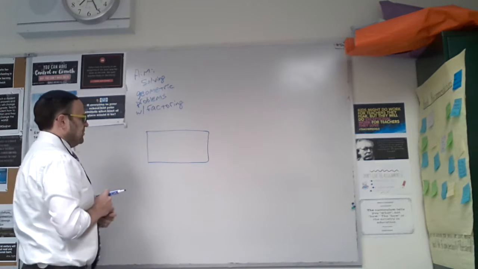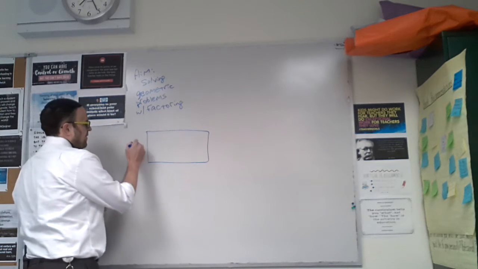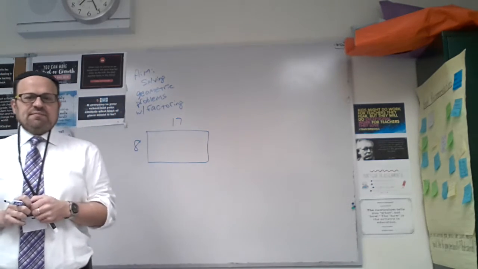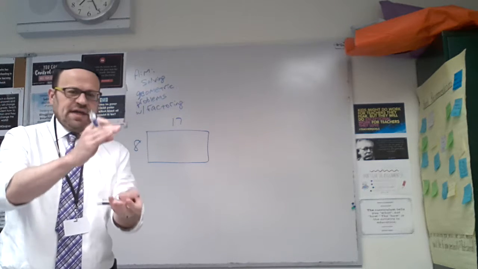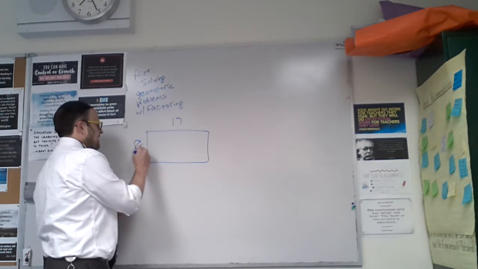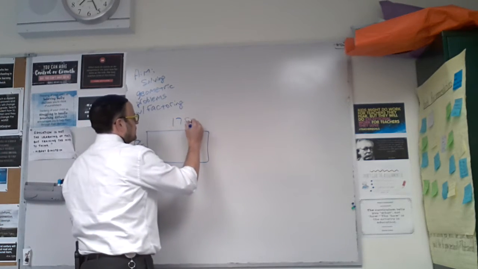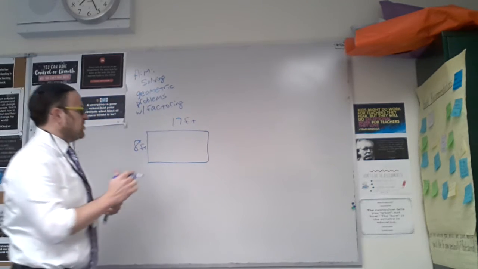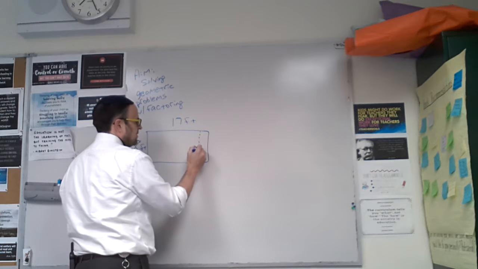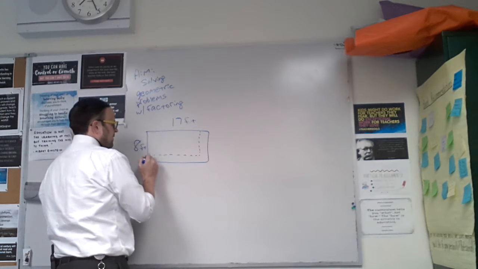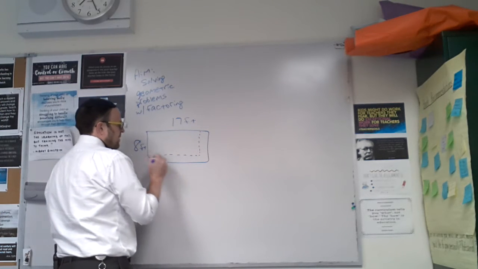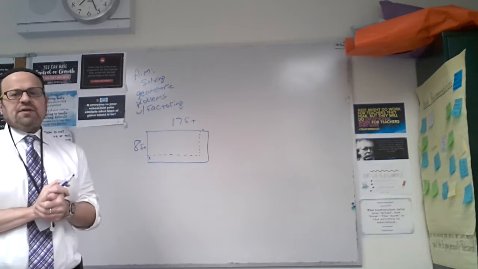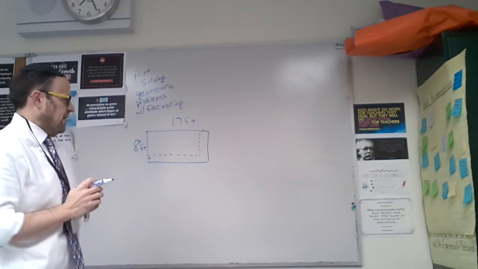I would tell you, for example, that my rectangle is 8 by 17. I have a rectangle 8 feet wide, 17 feet long, and then I will give you some additional information such as that I will decrease the measurements by a certain amount.